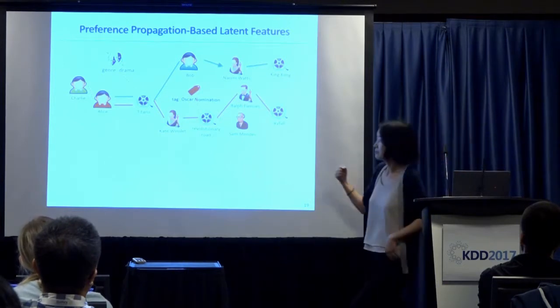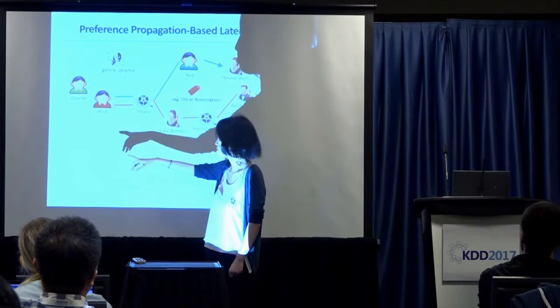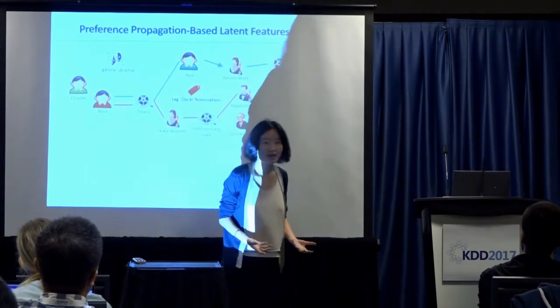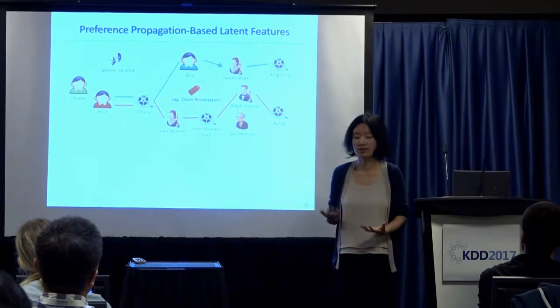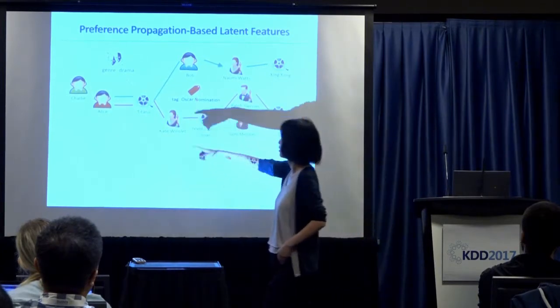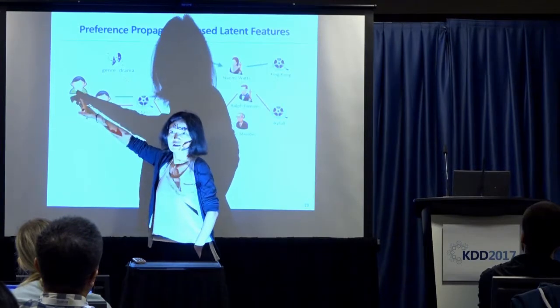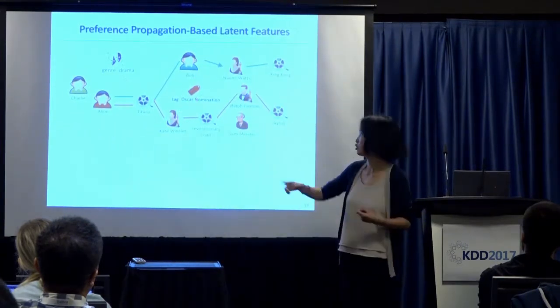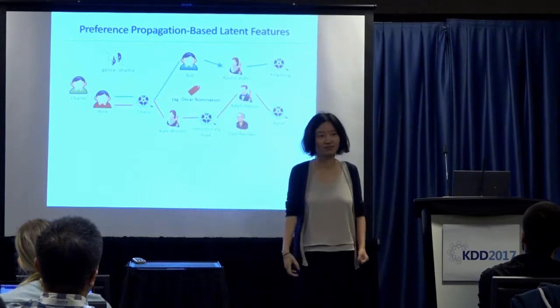Similarly, we can do another kind of propagation. Suppose Charlie and Alice are friends. Very likely you will love the same movie loved by your friends. So then we can do the extension here, and record a pseudo interaction between Charlie and Titanic.